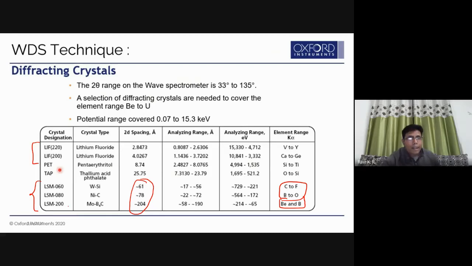These analyzers are actually easy to make, because you can easily grow lithium fluoride 220, 200 and PET. Thallium acid phthalate, you can even make in the lab. This is what we use in a TEM for rotation calibration. These are the recent ones, lab synthesized materials. Now people are using them.